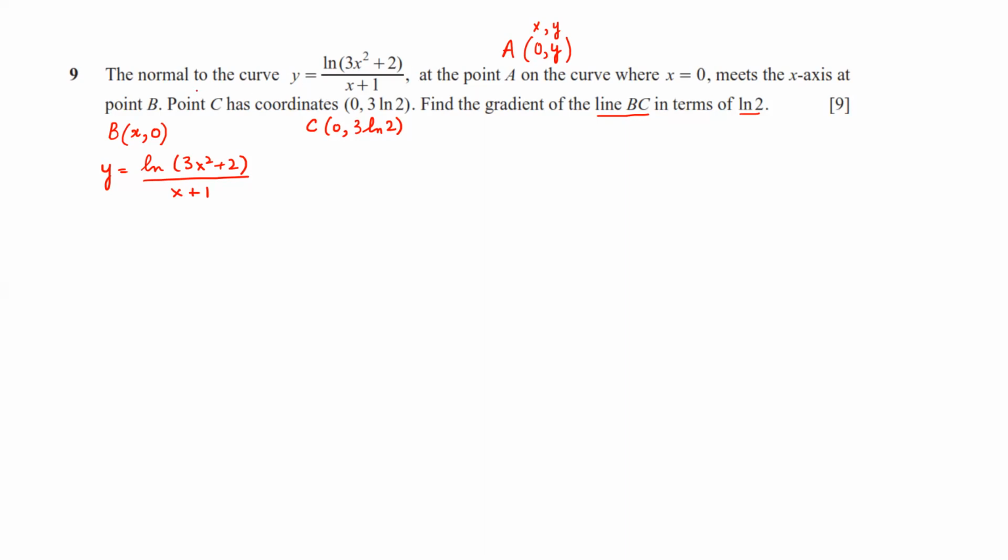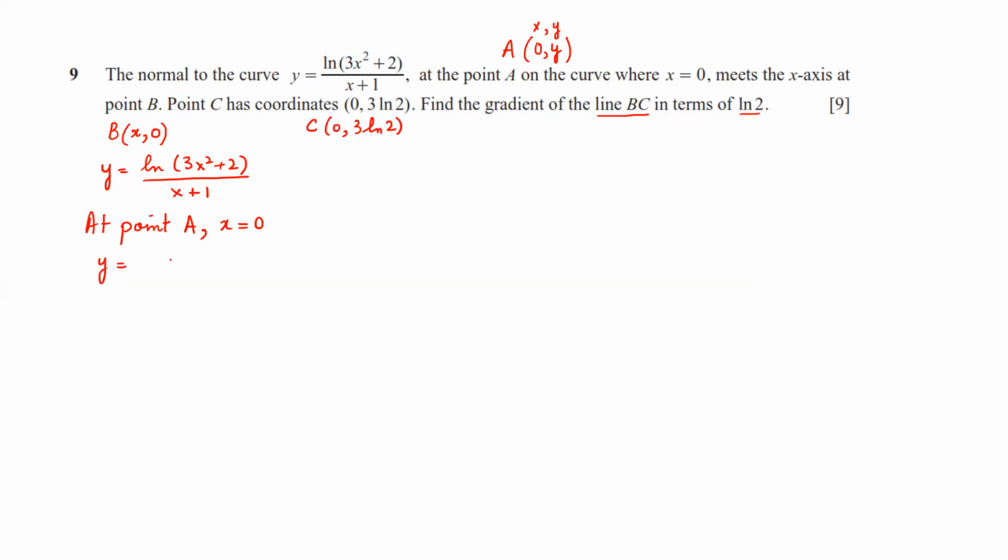So the normal to the curve at point A. At point A, your x value is 0, so what will be the y value?